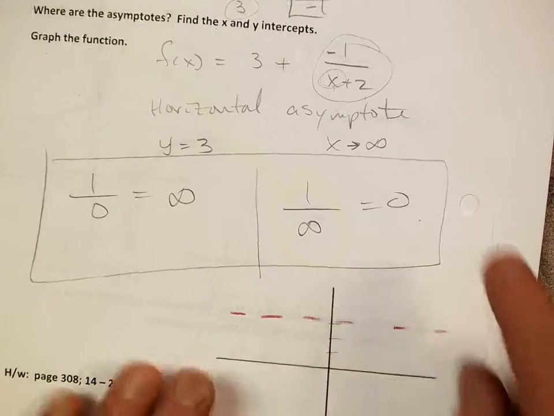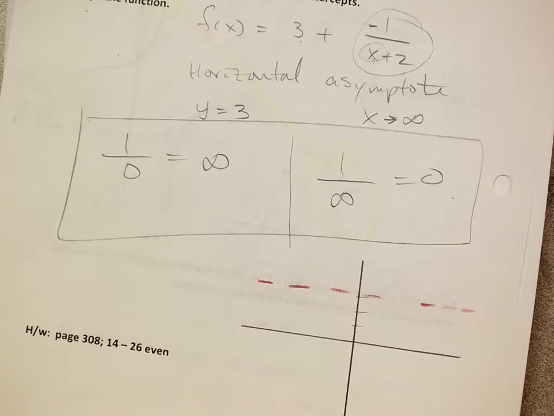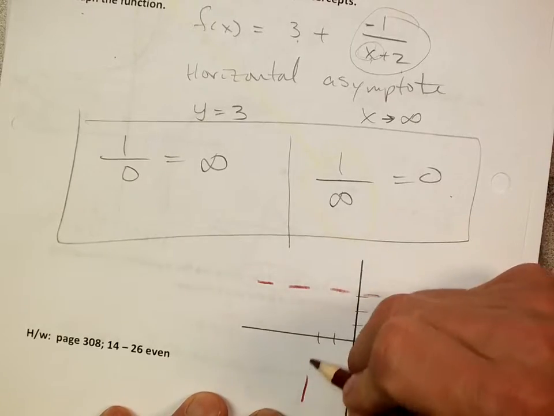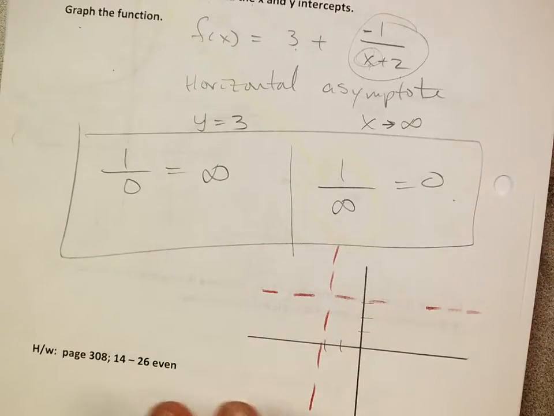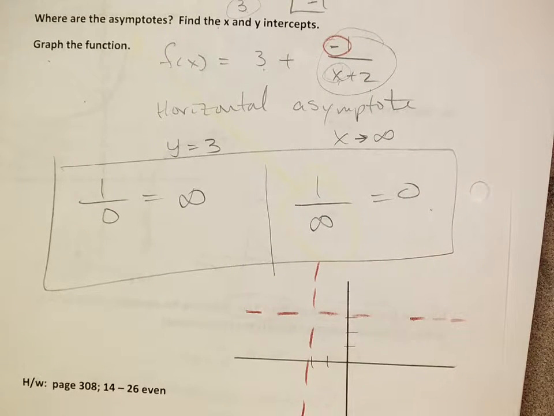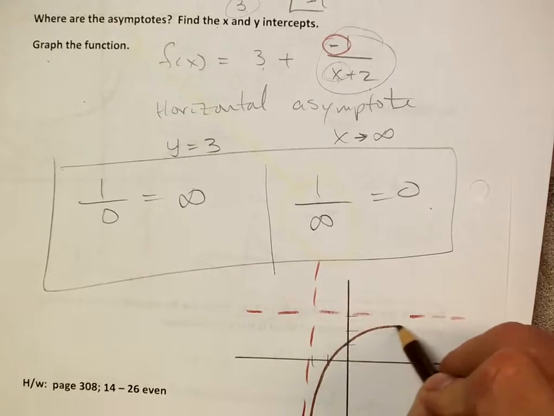We're going to put a vertical asymptote at -2. It has a negative here, so it's upside down. So my graph must look something like this.